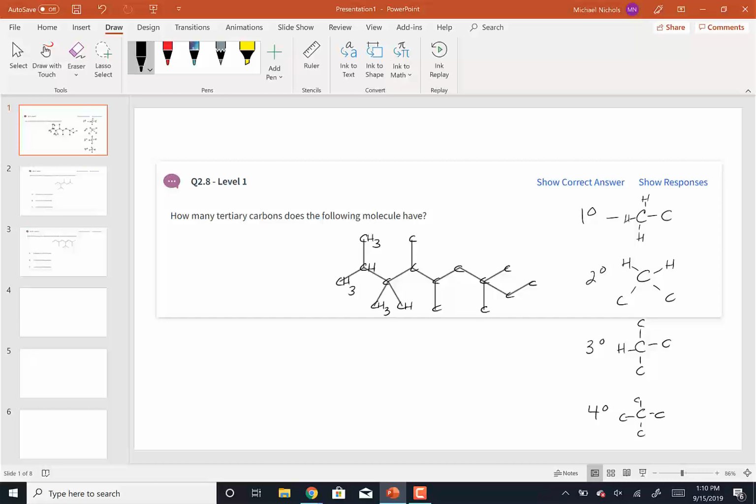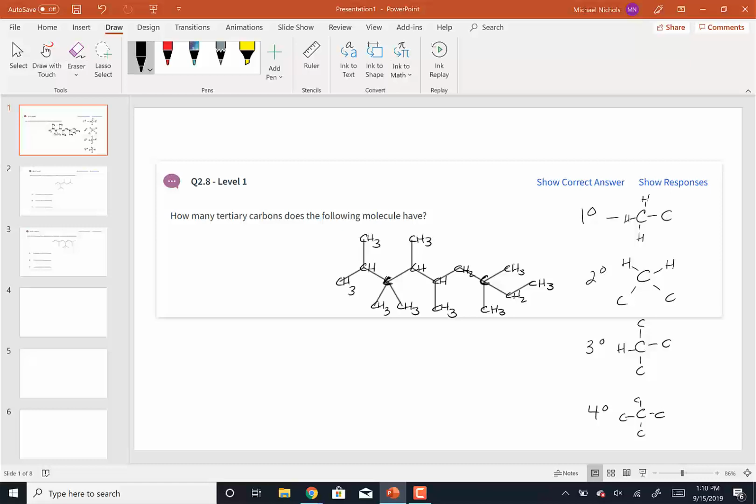There are two CH3s here. This carbon has four bonds attached to it. This is a CH, a CH3, a CH, a CH3, a CH2, and then a quaternary carbon with four carbons attached, a CH3, another CH3, a CH2, and a CH3.